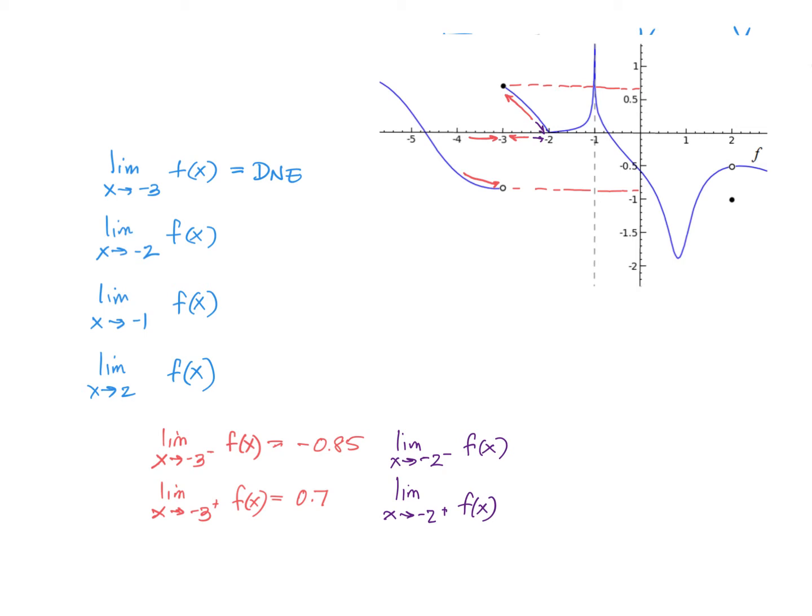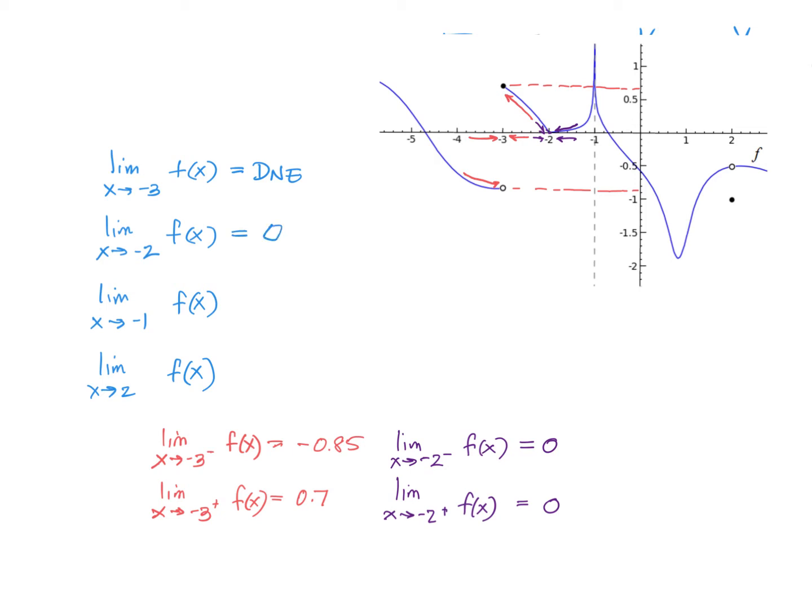And notice it's approaching a y value of 0, isn't it? And as we're approaching from the positive side, it corresponds to this portion of the graph, and it's also approaching the y value of 0. So since those two values are the same, we can say that the limit as x approaches -2 of f of x is just 0.